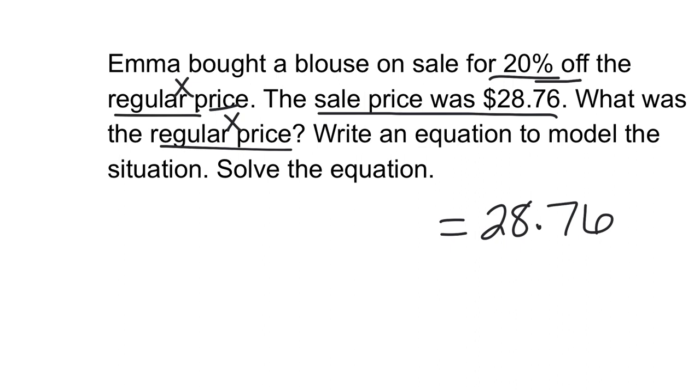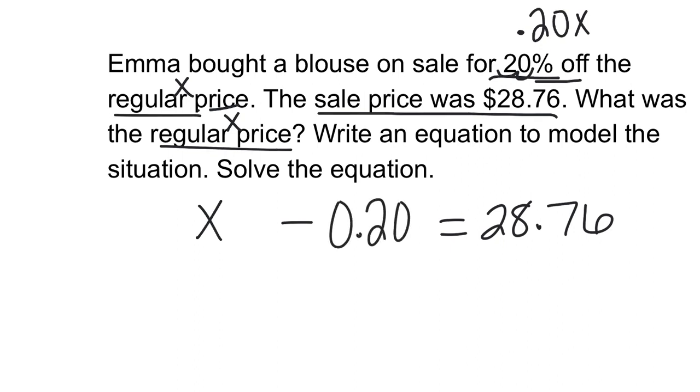But 20% off indicates that we're going to be subtracting because we're decreasing the price. So the original price minus 20%. Again, it's a percentage, so we've got to change it to a decimal, 0.20. And then it always gets the X. So 0.20x. And then, again, we're going to solve that exactly the same way we just did. 1 minus 0.20x is 0.80x.